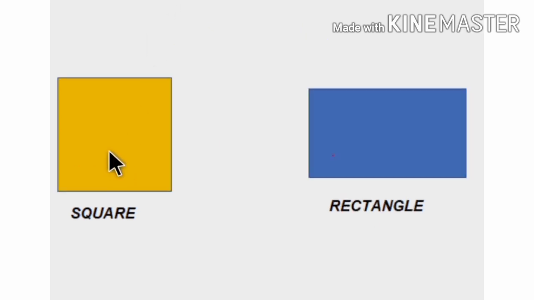Okay, so let's revise the points. This is a square, this is rectangle. A square has four sides, 1, 2, 3, 4. All the four sides are equal. In the case of rectangle, it also has four sides, but these two sides are longer, and these longer sides are called length, and these two sides are shorter.